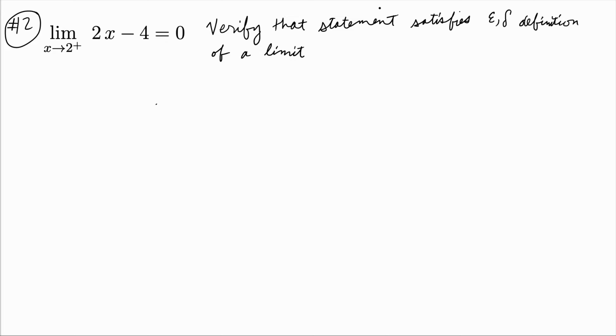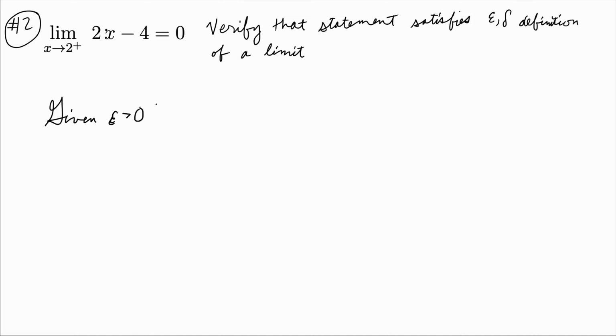So the statement that we want to satisfy is a right-hand limit statement. So it starts similarly to practice problem number 1, given epsilon greater than 0.